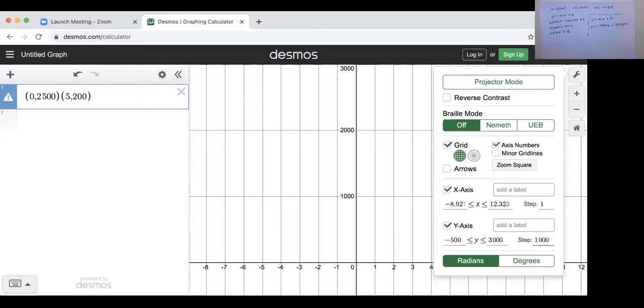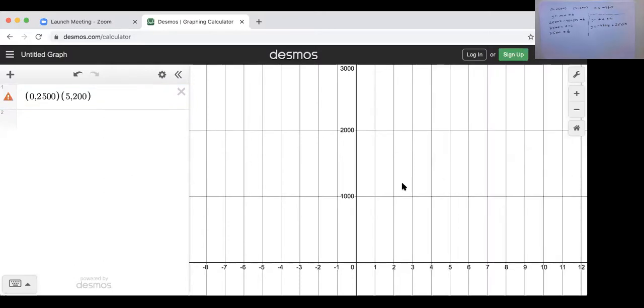And on the x's, 0 to 5, that might be good enough for us to see these two. So there they are. And I believe the equation is as follows. You can see this point is the y-intercept, right? 0, 2,500 is where it crosses the y-axis.